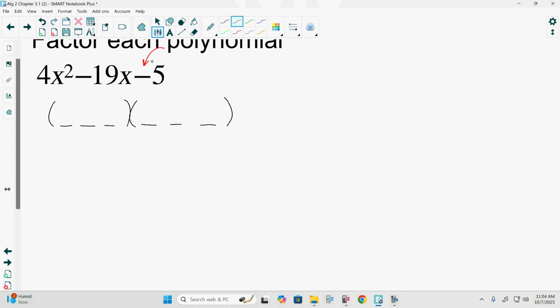So one of the signs is positive, the other is negative. We don't really look at the middle term. Middle term can kind of help us see what possible arrangements. But since the third term is negative, signs are opposite. That's it. Third term's negative, one's positive, one's negative.